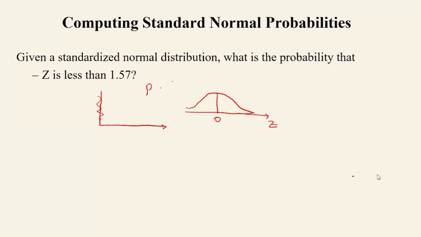Now we want the probability that Z is less than 1.57. In notation form, the probability that Z is less than 1.57, we have to calculate. Now we have to mark the point 1.57.